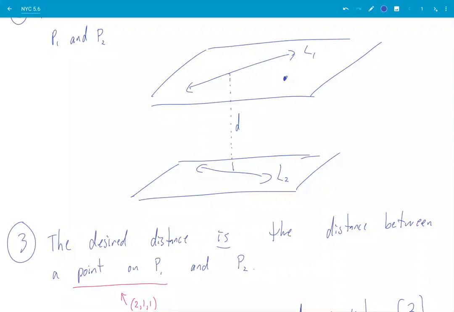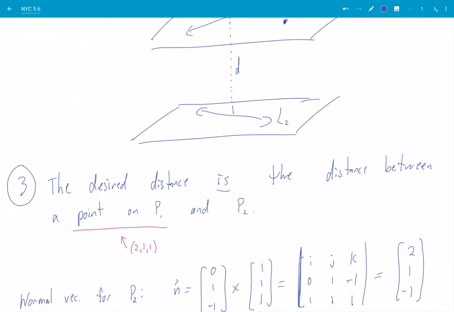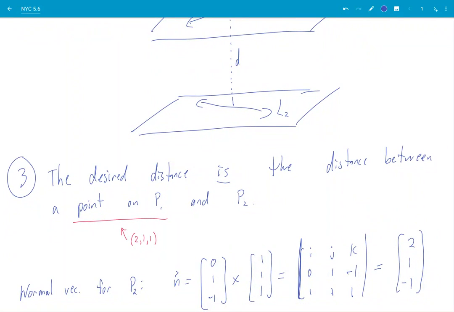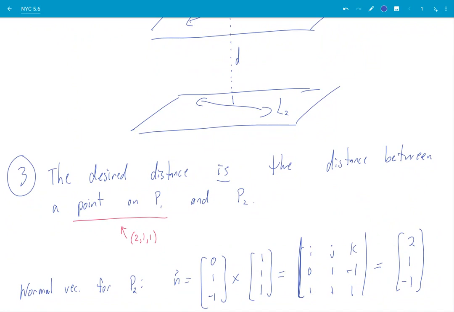Okay, so this is something we've done before in 5.5, finding the distance between a point and a plane. I'll get you started, but I would like you to do this. So to get you started, I'll find a normal vector for P2. What I do is I take the two direction vectors for P2 and I do a cross product and I get this guy.